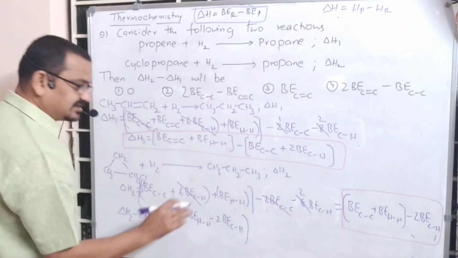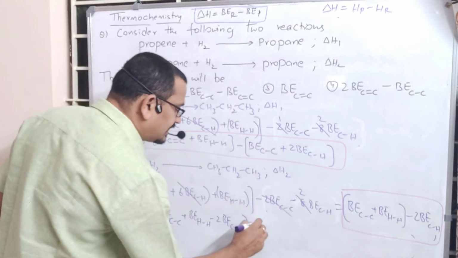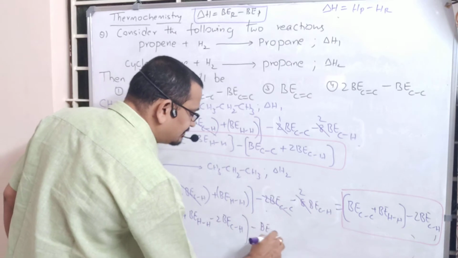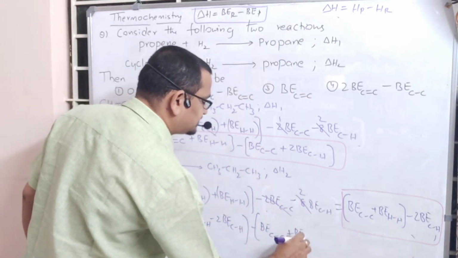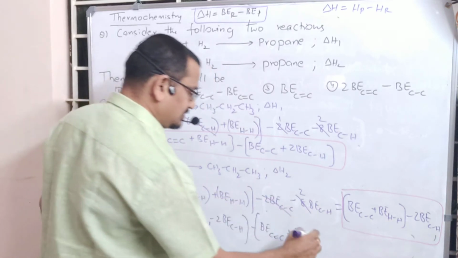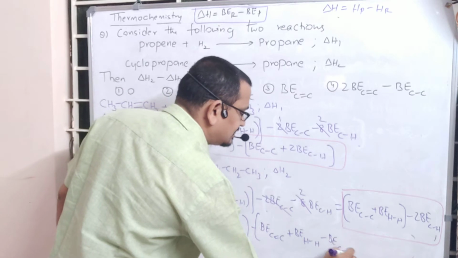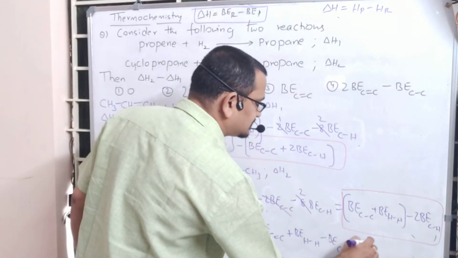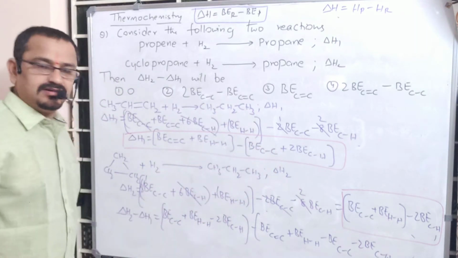This whole thing comes under delta H2. Minus bond enthalpy of C double bond C plus bond enthalpy of H single bond H minus, I am multiplying, bond enthalpy of C single bond C minus 2 times bond enthalpy of C-H, on multiplication with the negative sign.